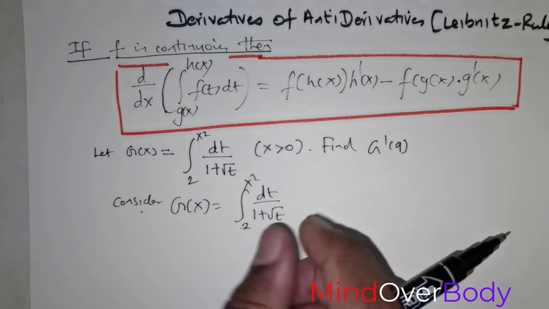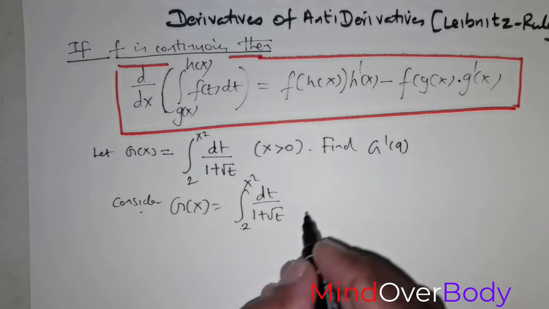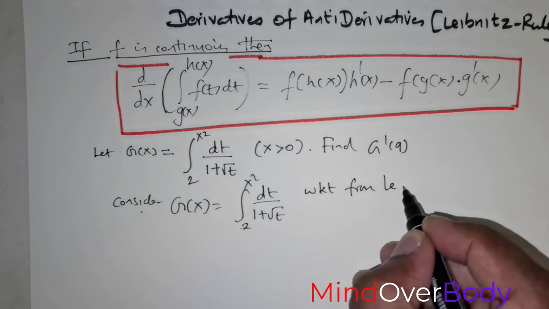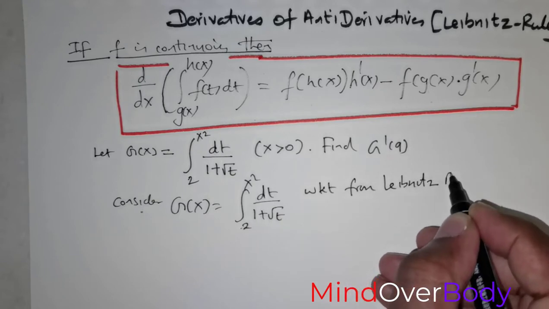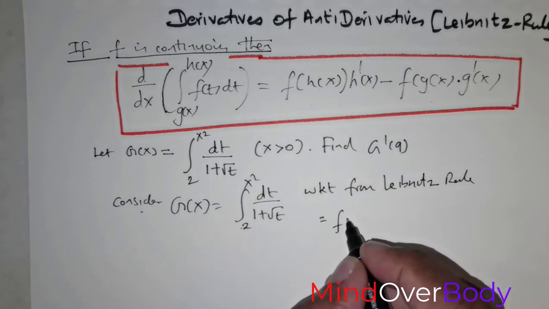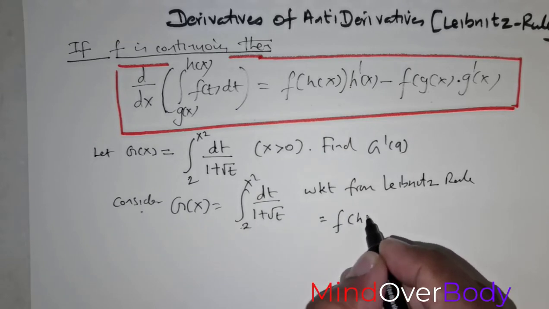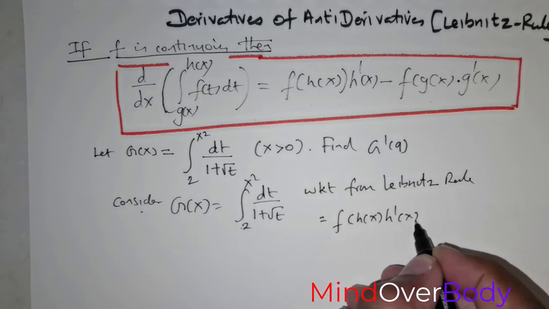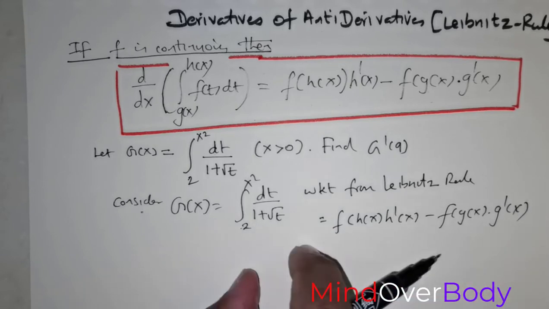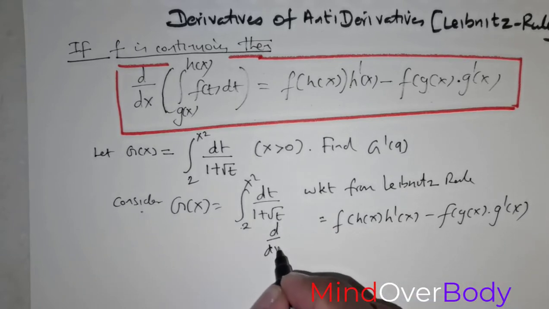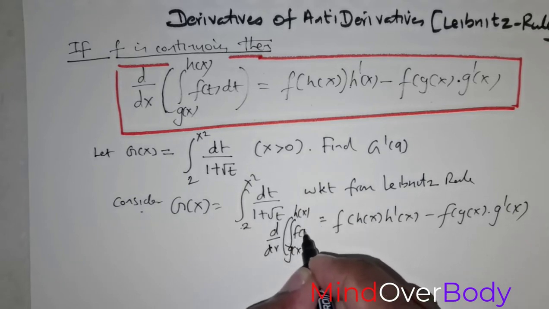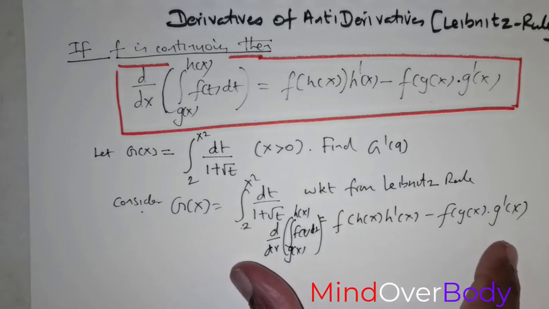So having mentioned that, let me just write that rule. We know that from Leibniz rule we got f of h of x times h dash of x negative f of g of x times g dash of x, which is equal to d over dx of integral g of x to h of x f of t times dt, right?